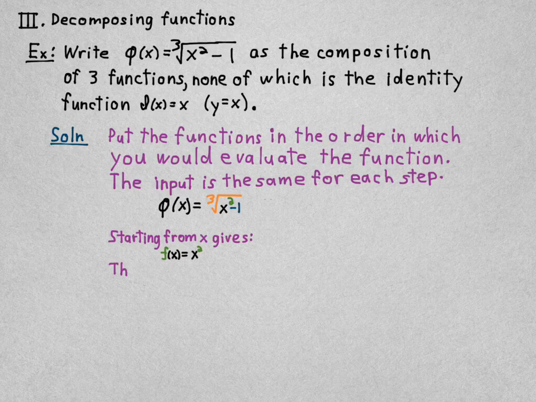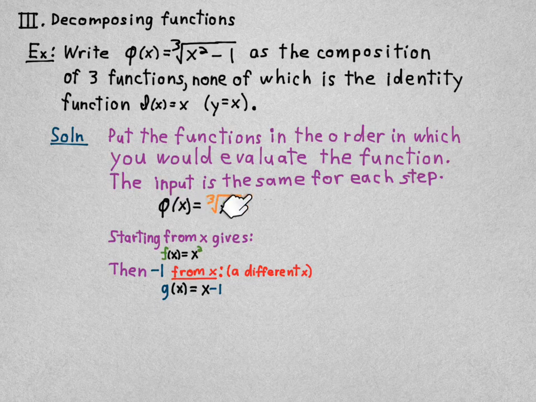Now the next one, you want to subtract 1 from x. So this is what I was saying up here. The input is the same for each step. So we're using the same letter, which is x.